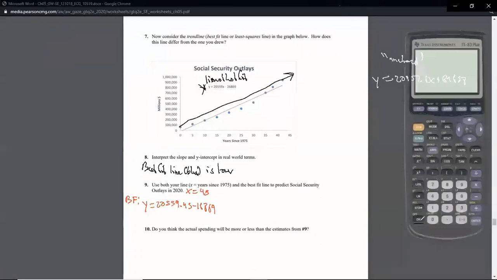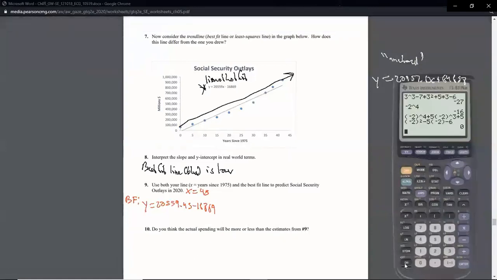All right, so I've got to go off of this. This is where things just get a little weird, which is why I didn't want to do it earlier. 20,559 times 45 minus 16,869. And we get 908,286.